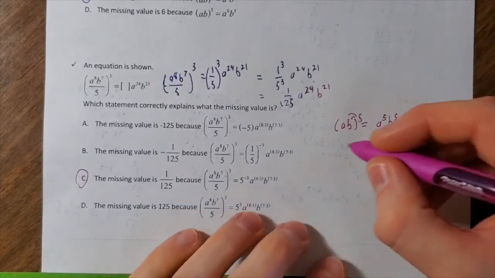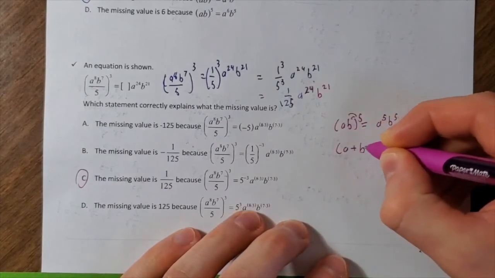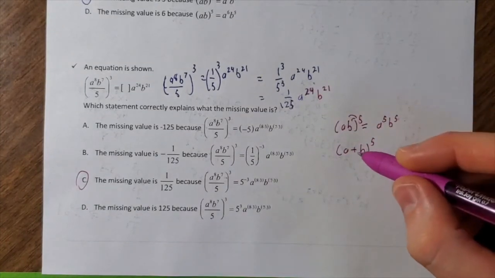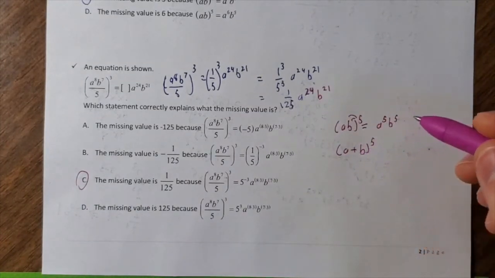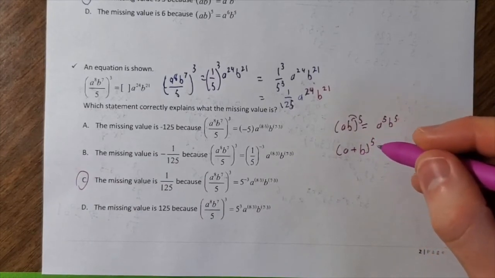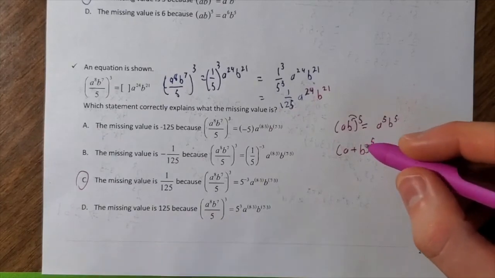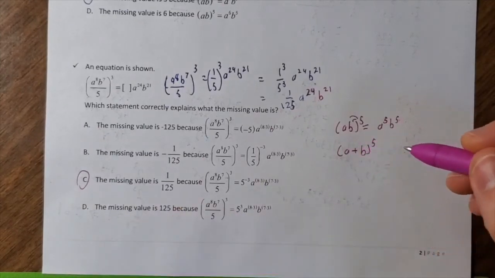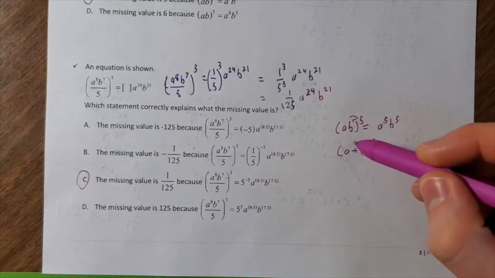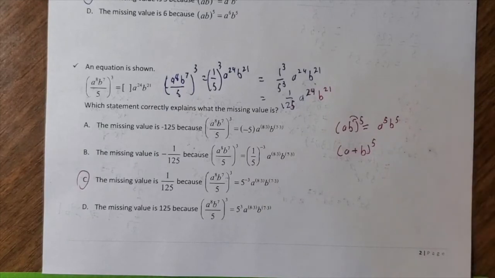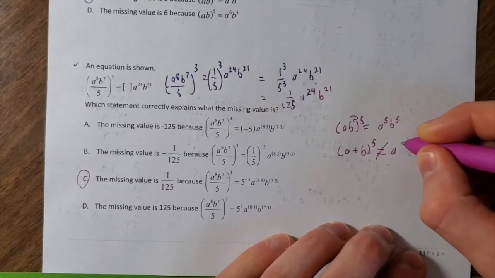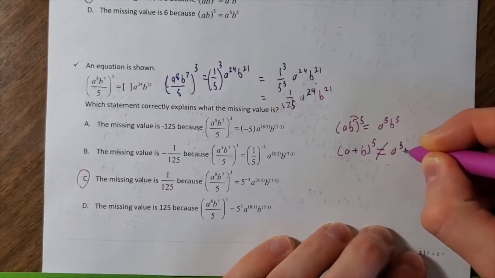But had you seen something like a plus b to the fifth power, well, when we have any operation of either addition or subtraction inside here, we cannot distribute our exponent into these terms. It doesn't distribute over those operations. It's only when we have a product or a quotient inside here that we're bringing in our exponent to each individual term. So this does not equal a to the fifth plus b to the fifth.